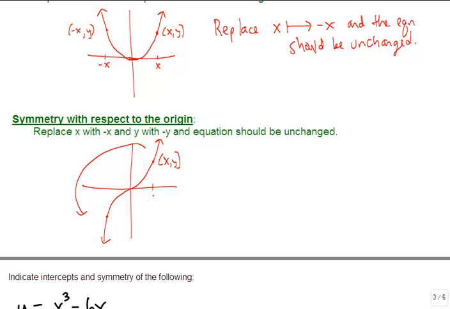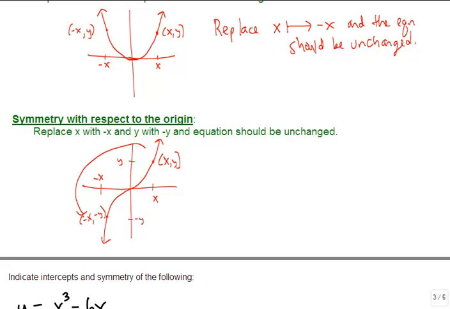Now on this side it was over x and up y, and you can see that we're taking this point, and when we rotate it, in my example here, it's moving from the first quadrant down to the third quadrant. So that would now have a negative x for the x value and a negative y for the y value. So the coordinates of this point would be negative x, negative y.